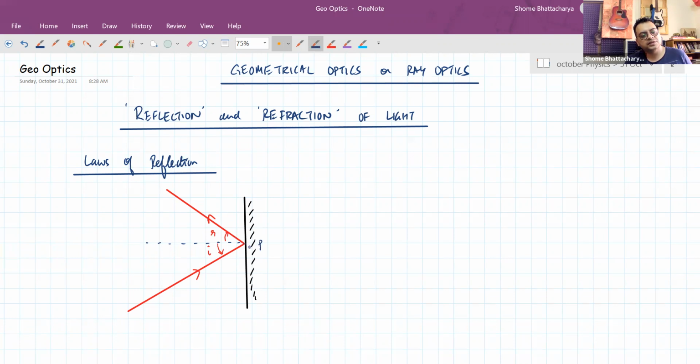Let's say this point P is the point of incidence. So the first law of reflection is that the angle of incidence is equal to the angle of reflection.